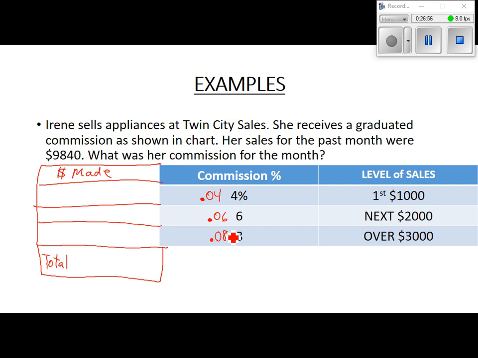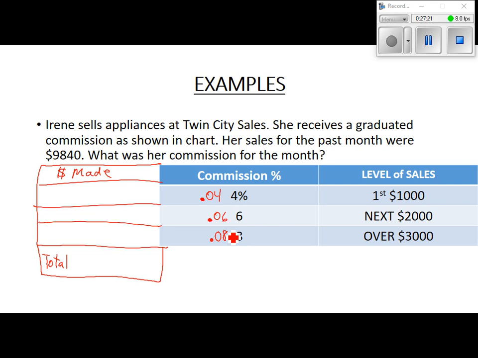For the first $1,000, they give you 4% commission. If you sell more than $1,000, for the next $2,000, they give you 6%. And anything over $3,000, they give you 8% commission.